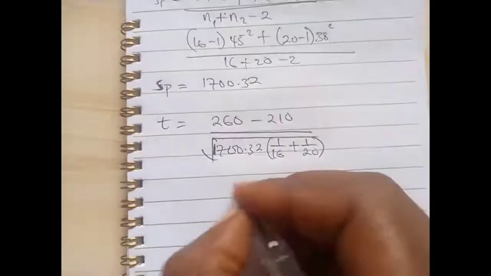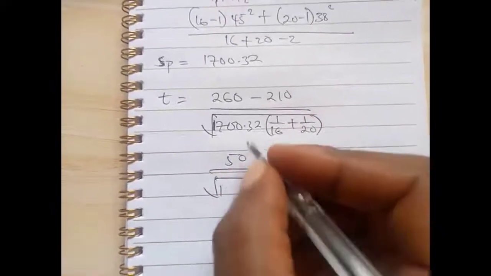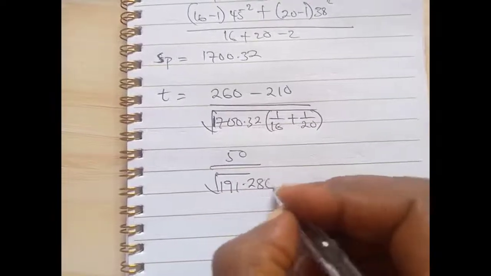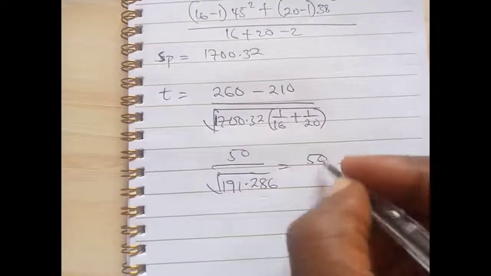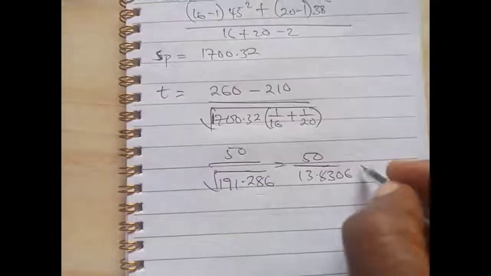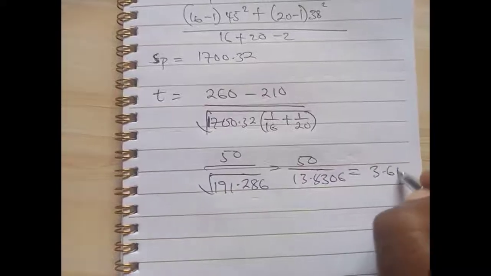The next thing is to press the calculator. We'll have 50 over 13.8306, so that t calculated is 3.615.